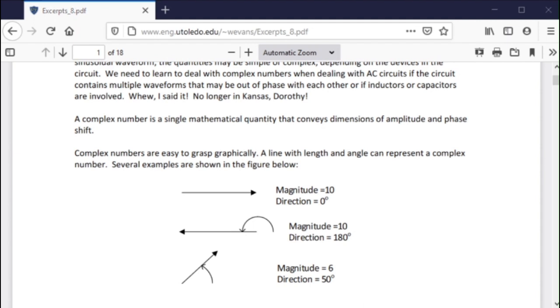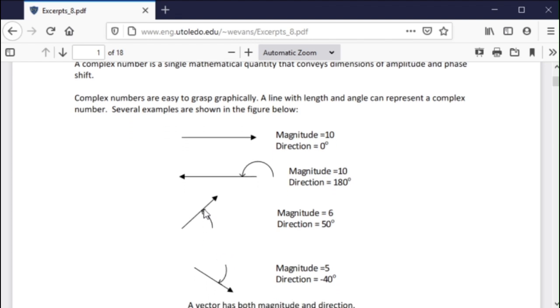Here we're looking at a number, and it's just a scalar number, but it also has direction. It has magnitude 10, but it also has direction of 0 degrees. Here we're looking at the same number, magnitude 10, but at an angle of 180 degrees. So we would describe this number differently than we would this number.